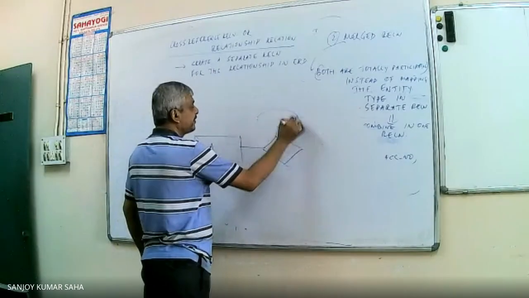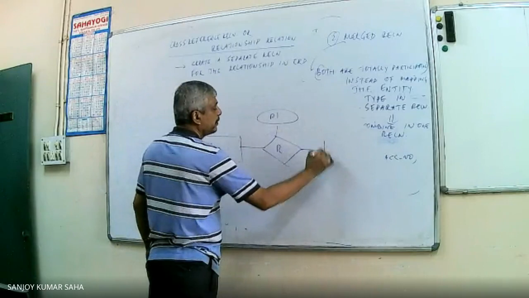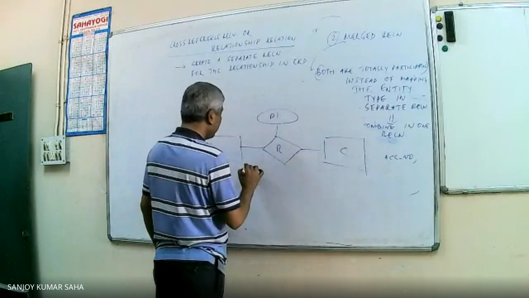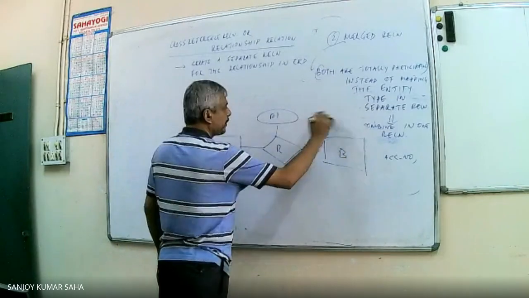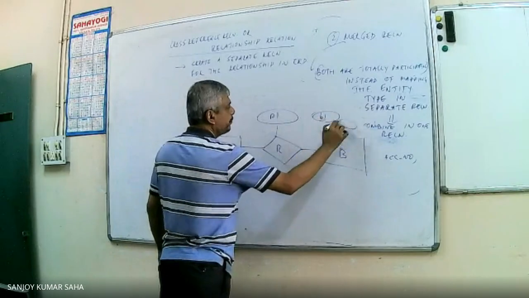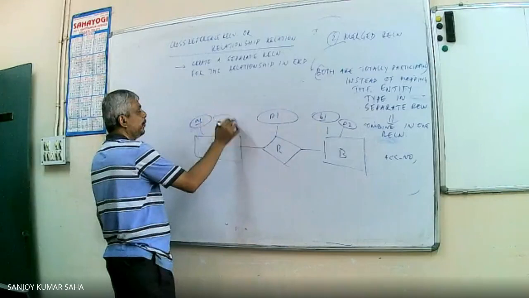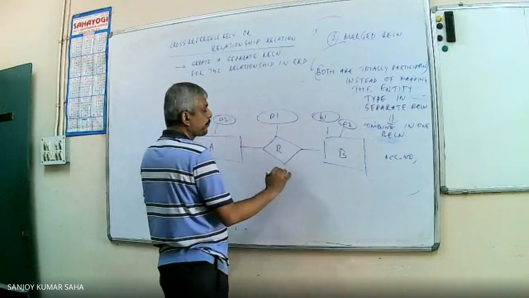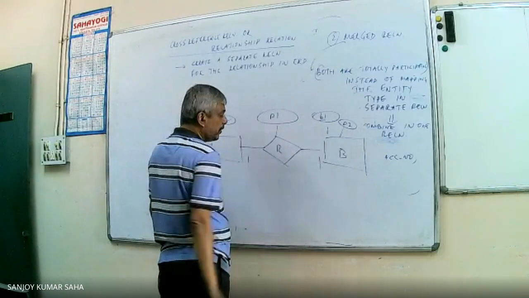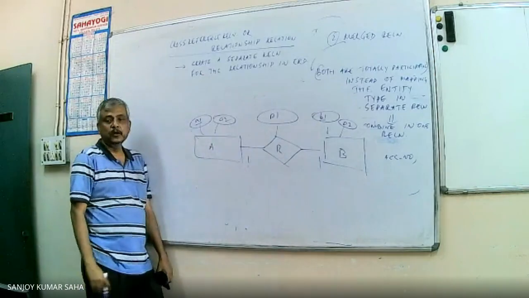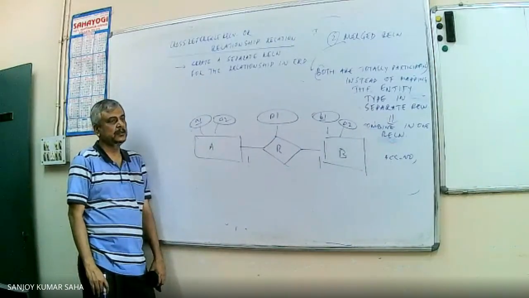Say R, it has some attribute R1. Then this is B, B1, B2, etc. A1, A2 like this. So this is 1:1, but both are partially participating.